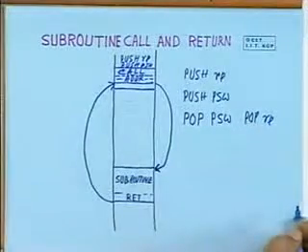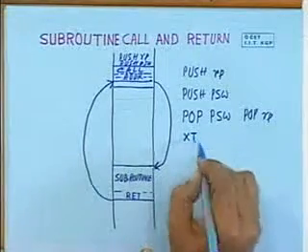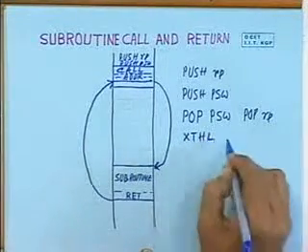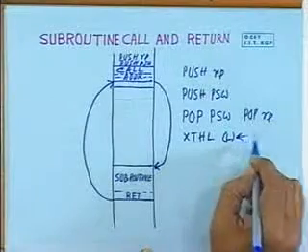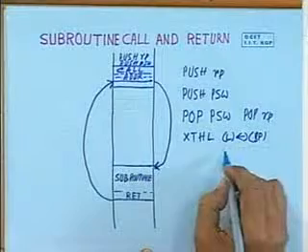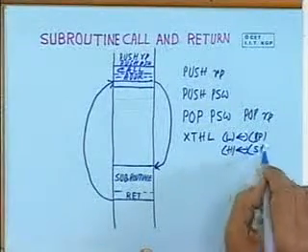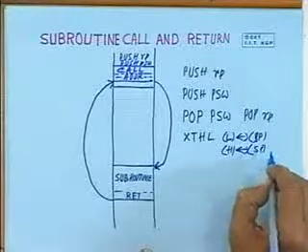Also you have some additional instructions like XTHL, which are sometimes useful in the context of stack and these subroutine calls, which exchange the contents of various registers.